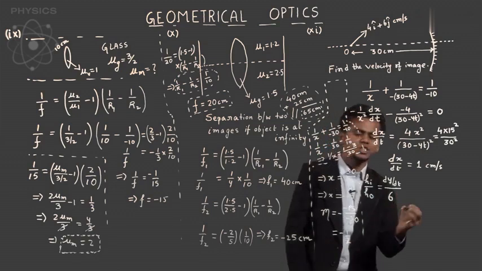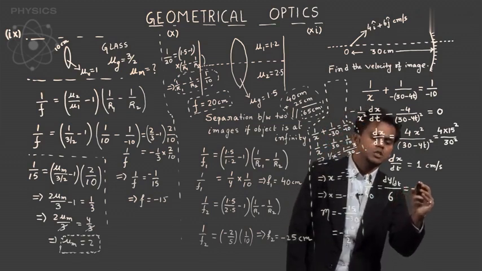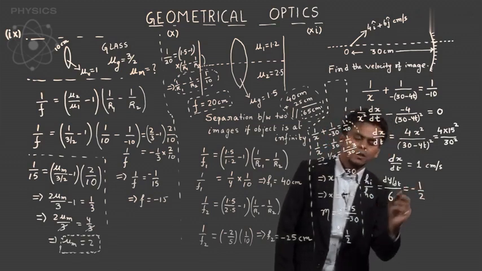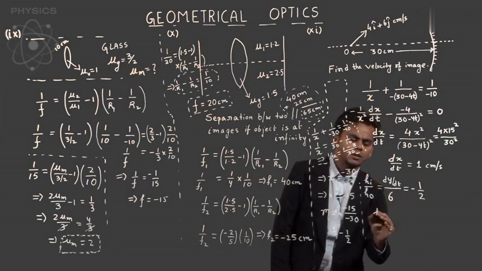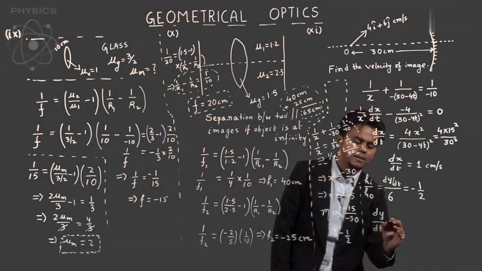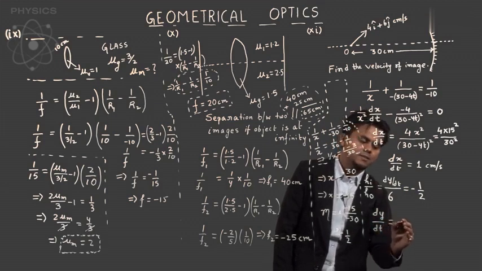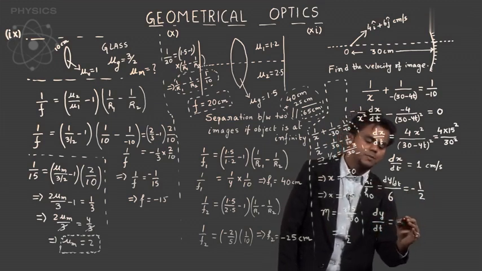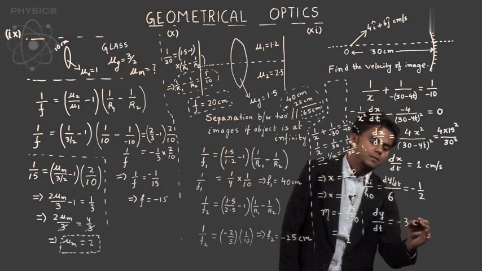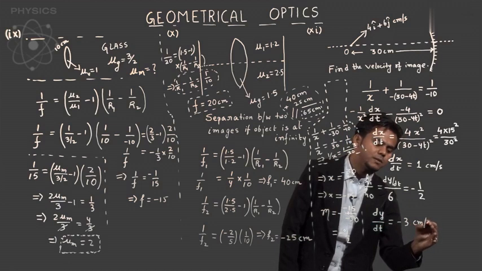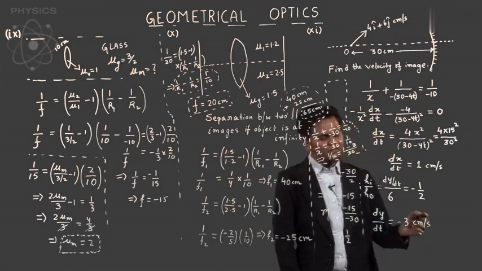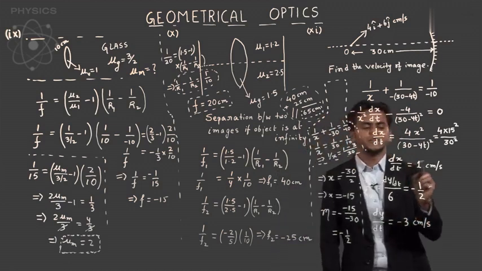This is magnification essentially. If you simplify it further, you'll get dy upon dt as 6 goes over here, this becomes minus 3 centimeter per second. So here you have dy upon dt and dx upon dt.